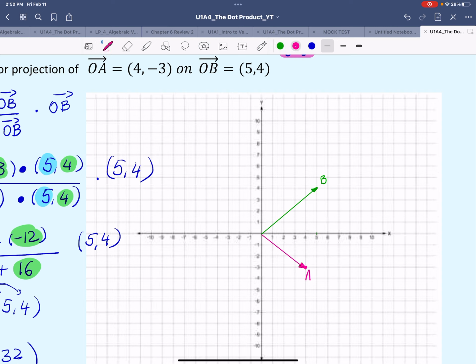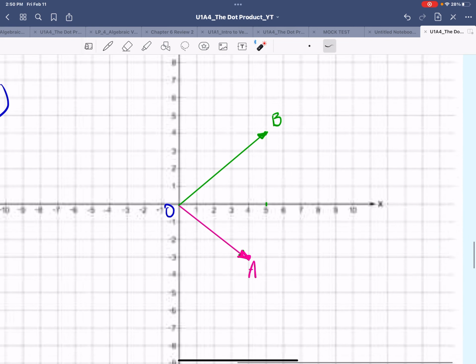Okay. Now, I want you to imagine that we're trying to draw the projection of vector OA onto OB. I'm sorry the grid is not very clear because these are PDF documents and they don't look very good on GoodNotes when you have pictures PDF'd. So the projection of OA onto OB is drawn by dropping a perpendicular from A onto OB.